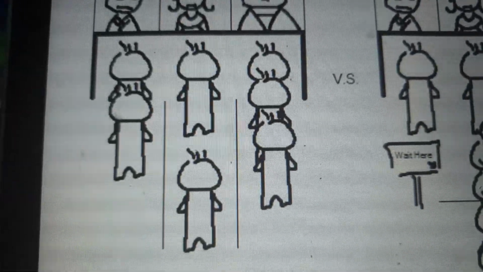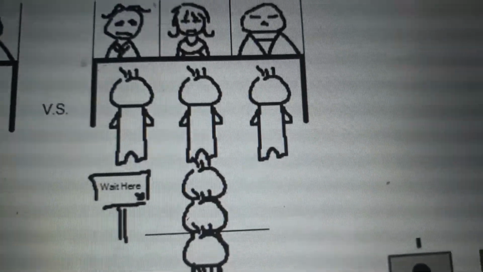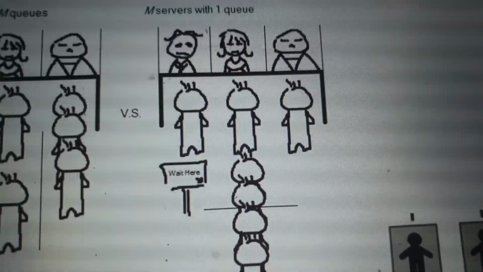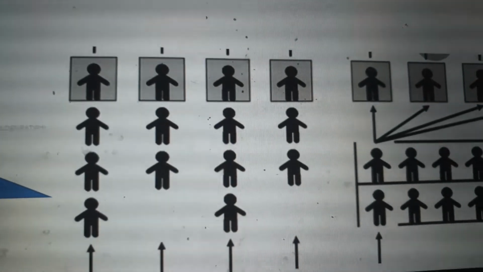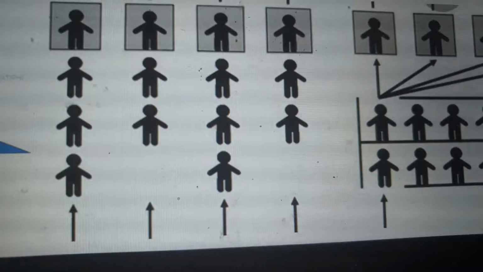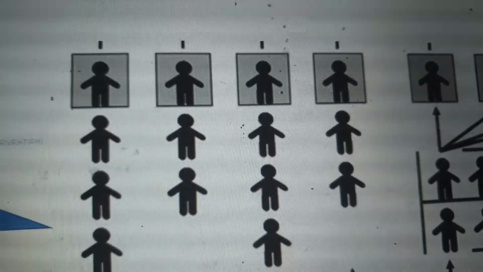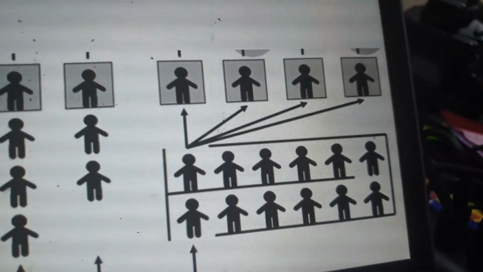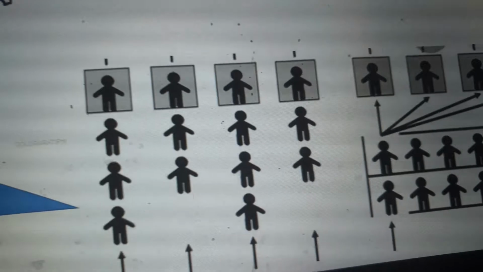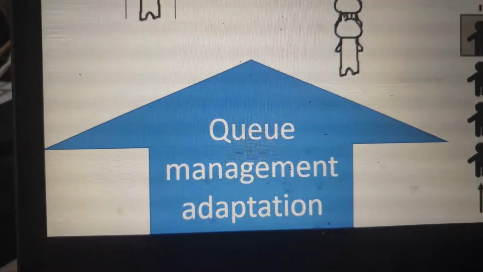Here, different lines, different tellers. Here, 1 line, different tellers. So the concept of first come, first served, can be seen here. You see them here? These are single lines going to the tellers. But here, we have just 1 line. So, adapting. And we're saying queue management adaptation.